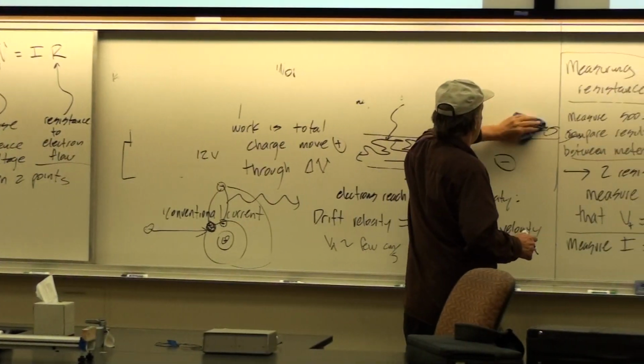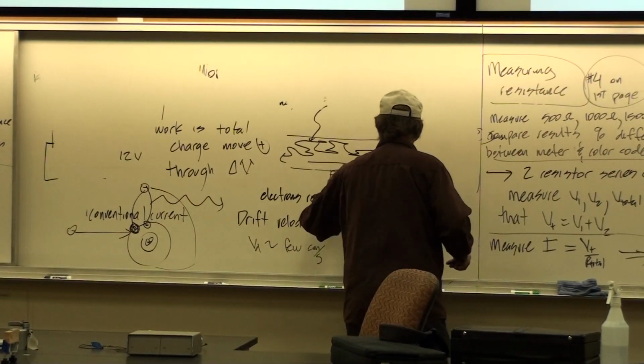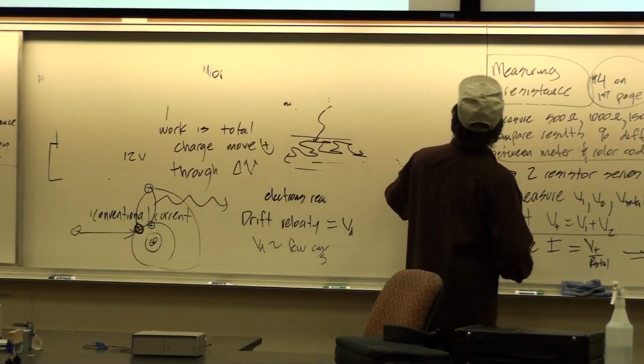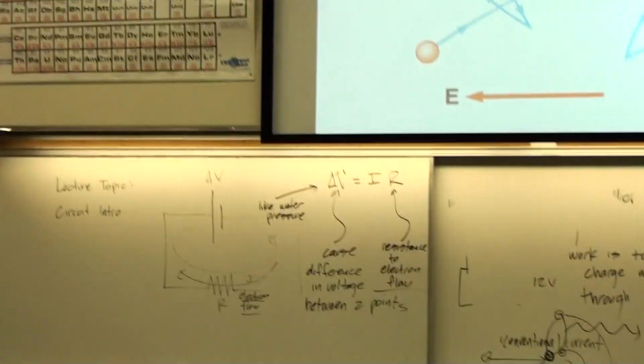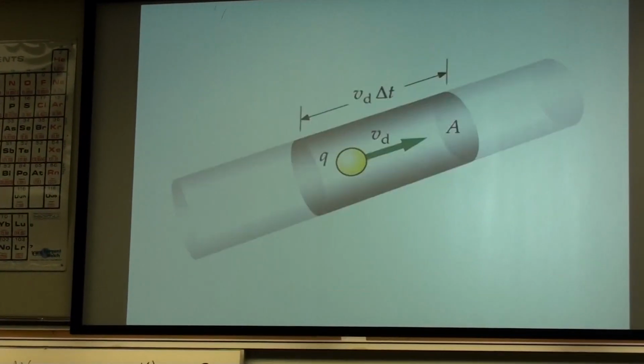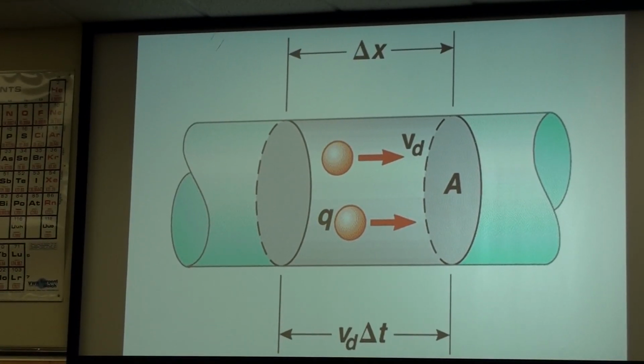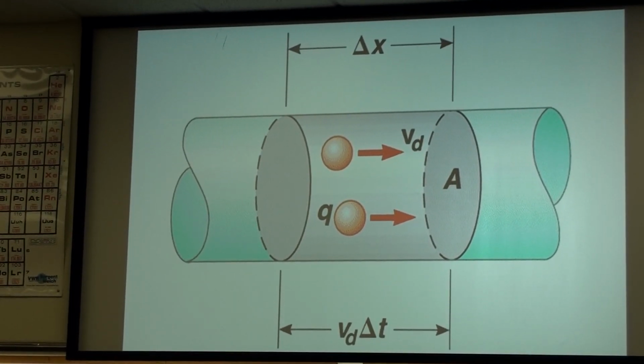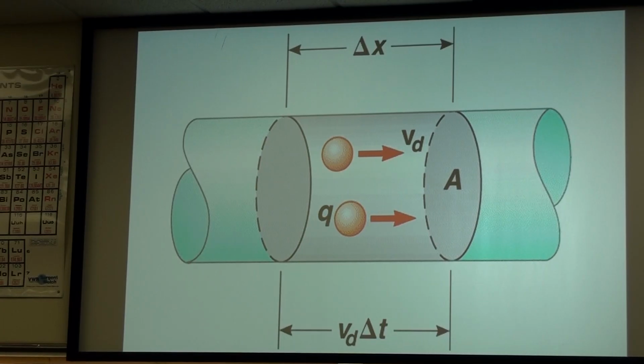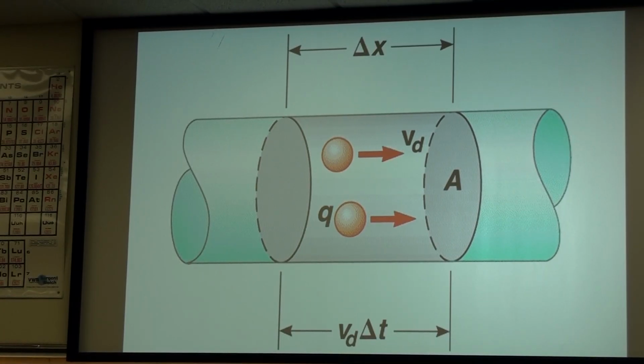But if we define the current in the following way, we can see why it is more convenient to define the current as going from positive to negative.